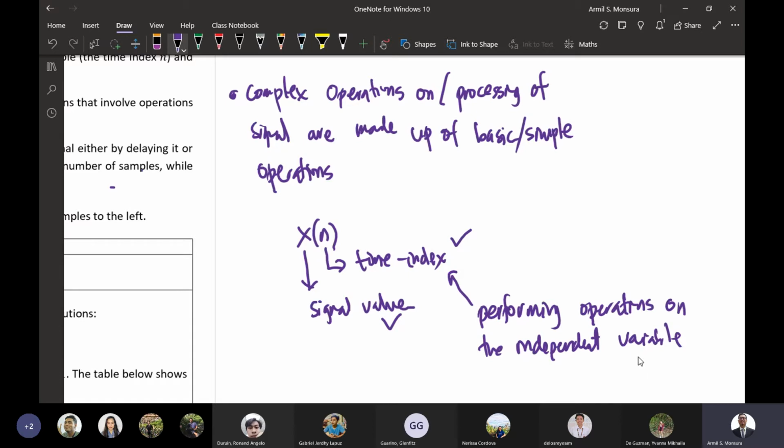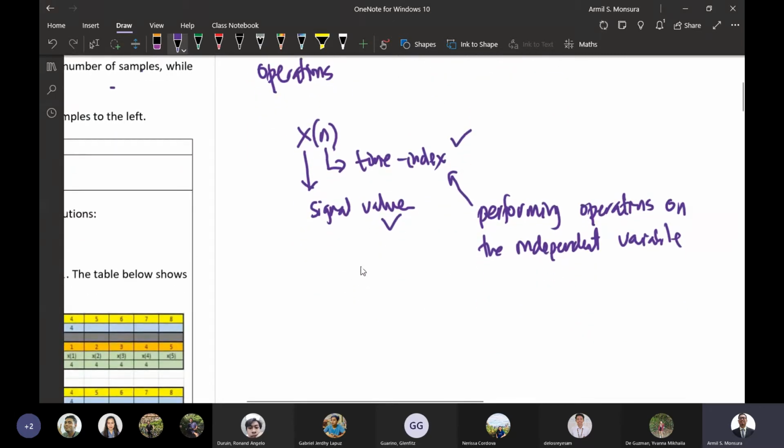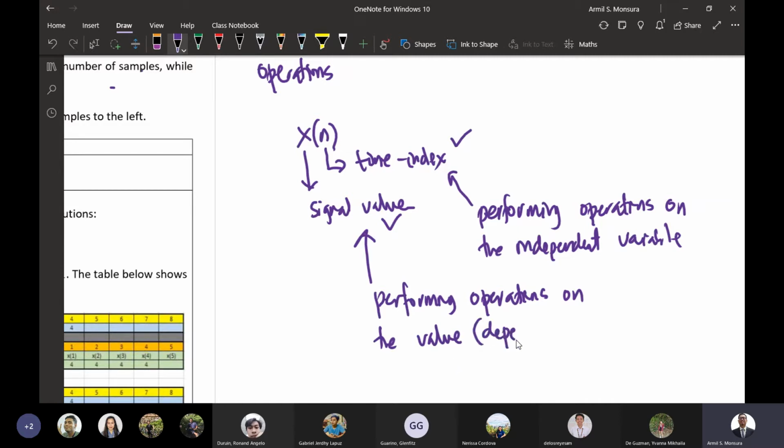Which essentially, yung n niyo o yung time index niyo is the independent variable of your signal x of n. While itong signal value niyo, if you modify yung signal value niyo, you are performing operations essentially on the signal value, on the value of the signal. Well, technically, in the function form, yan din yung dependent variable kasi.